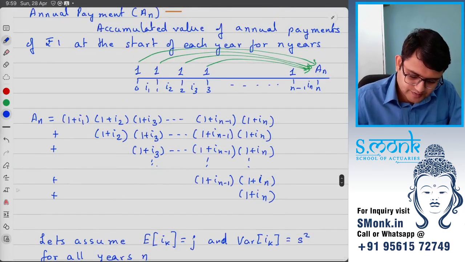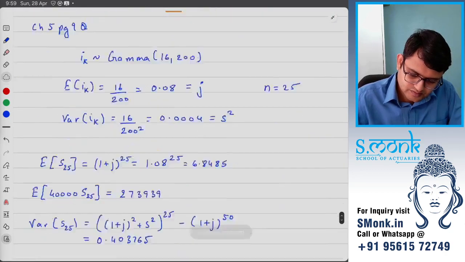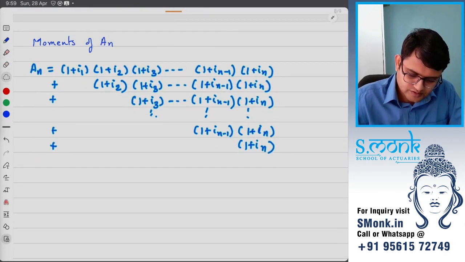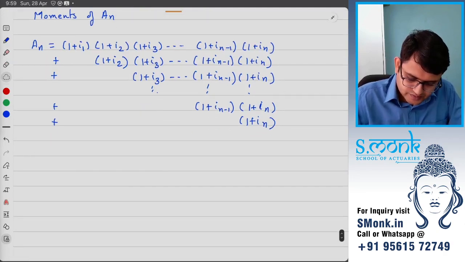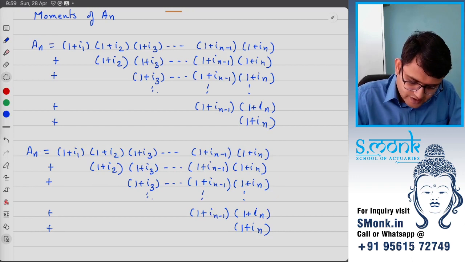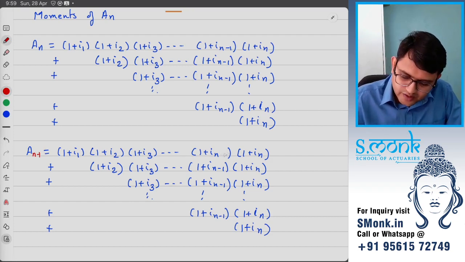I'll just copy this part. This is what we had. Now if I want to write A_{n-1} instead of A_n, everything is the same, but I'm going only till time n minus 1.